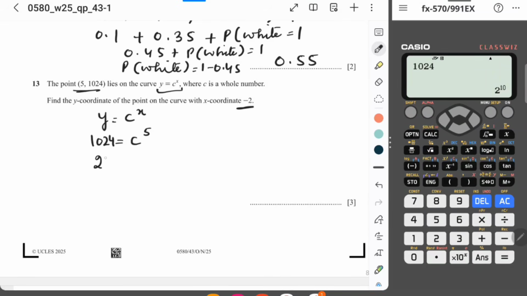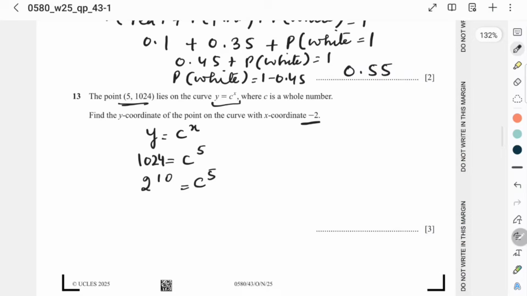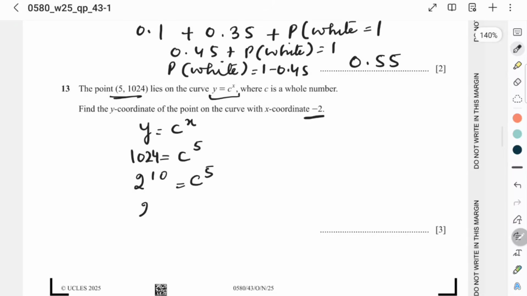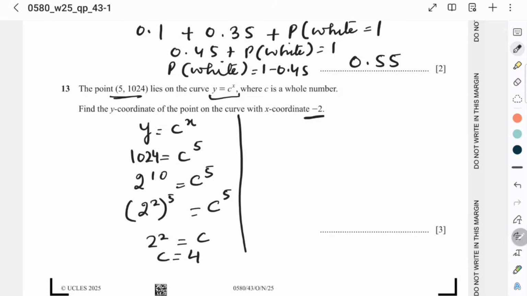So 2 to the power 10 equals c to the power of 5. So c is 2 squared, and c is equal to 4. Put it back in the same equation: y equals 4 to the power of x.